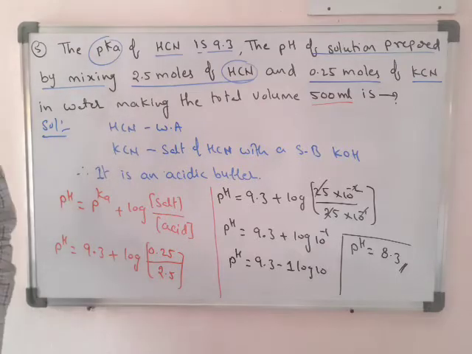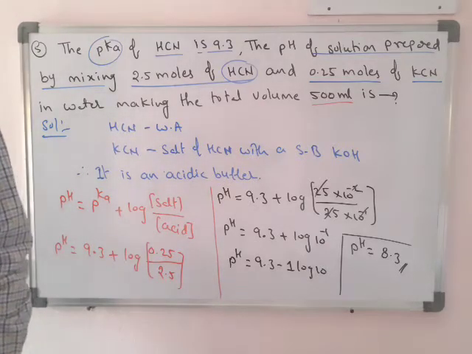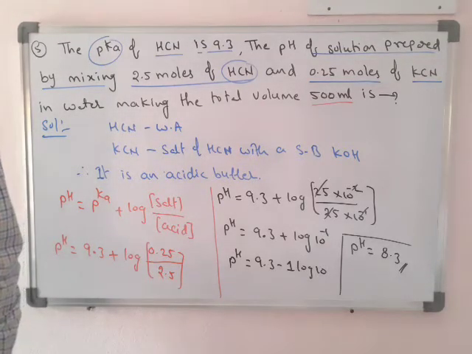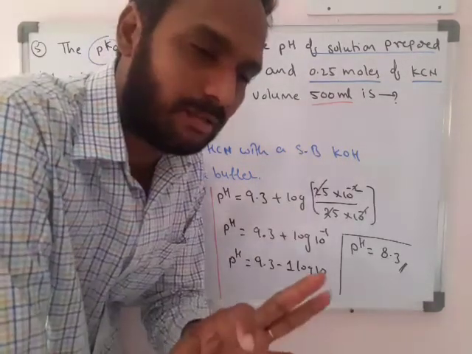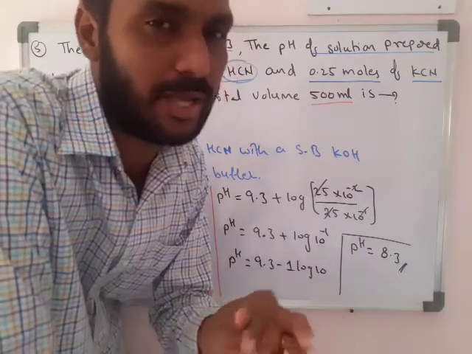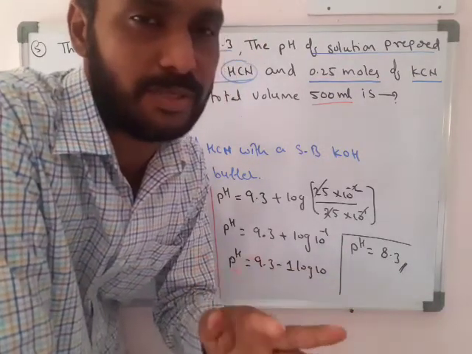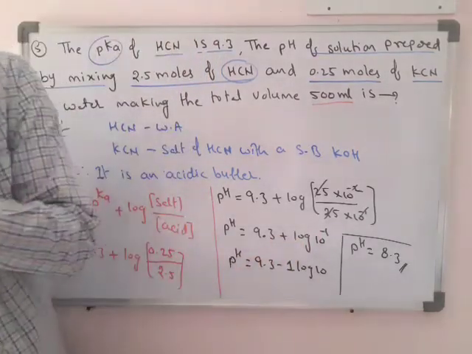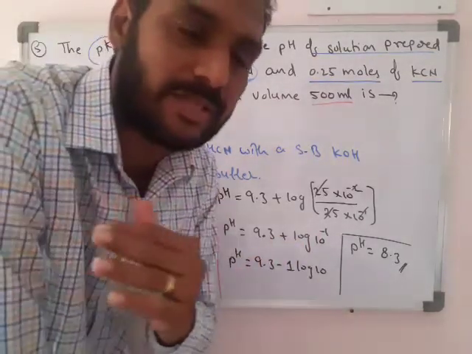So even though it is having the 8.3 value, it will be treated as an acidic buffer only. For normal acids, the pH value is compulsorily below 7. For bases, pH is always greater than 7.